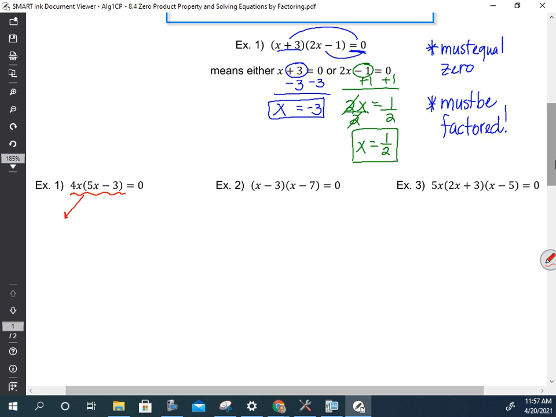So we take 4x, set it equal to 0, and 5x - 3, set it equal to 0. You separate it for the two parts.